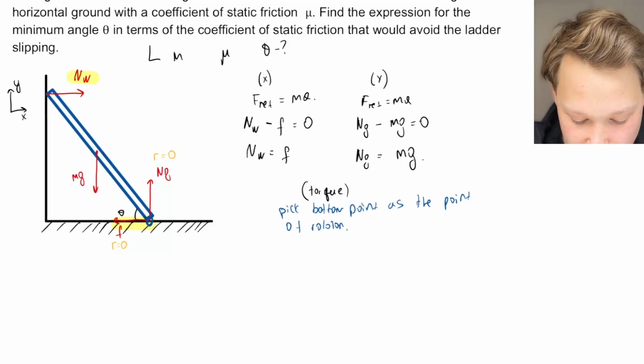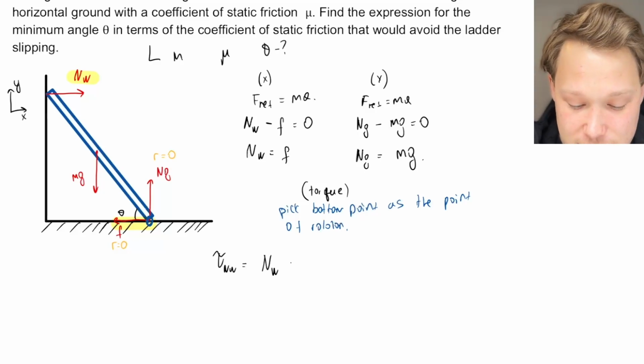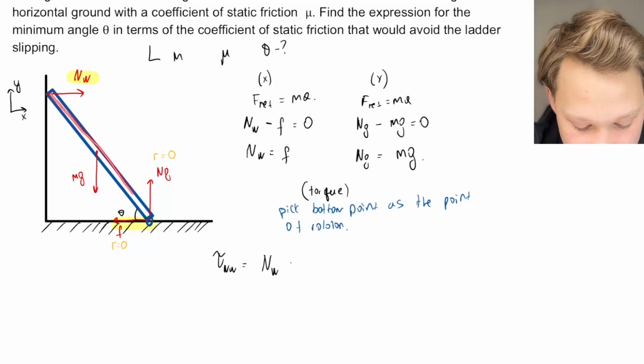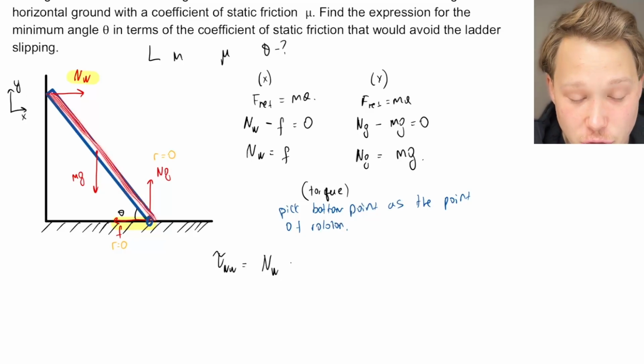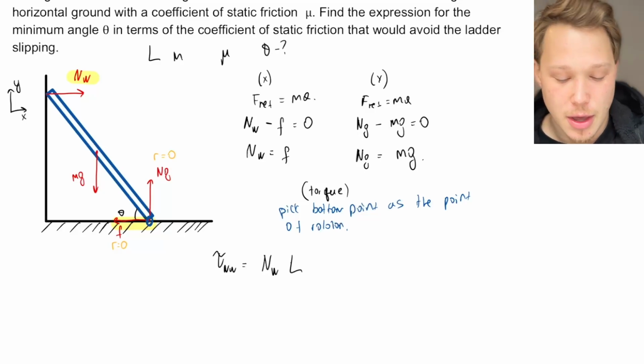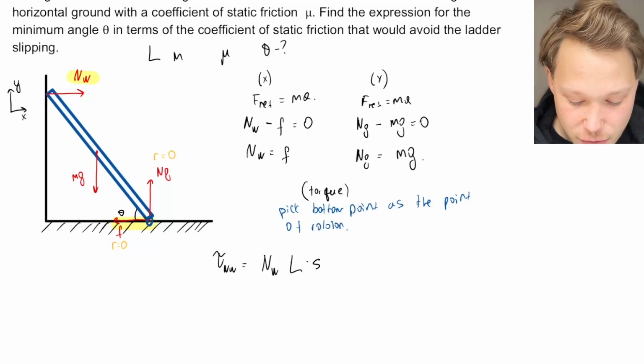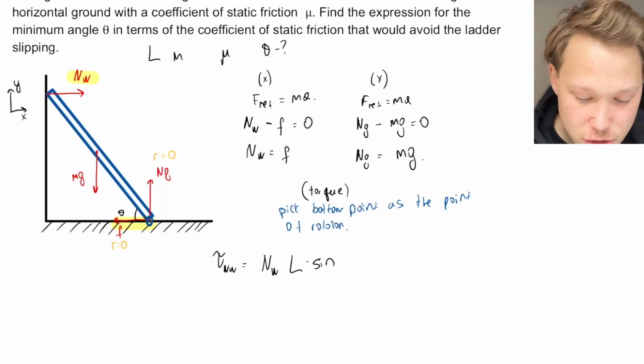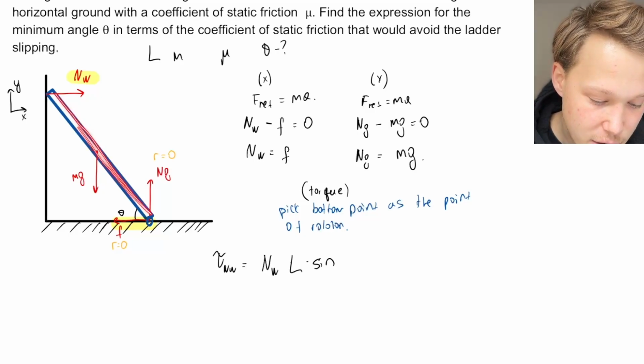So we have to consider torque from nw. So firstly, you have the force itself, nw. What about the distance away from the point of rotation? The distance away will be just the length of the whole ladder, which is L. Then sine of the angle between the axis of rotation, which in this case is the ladder, and the force.